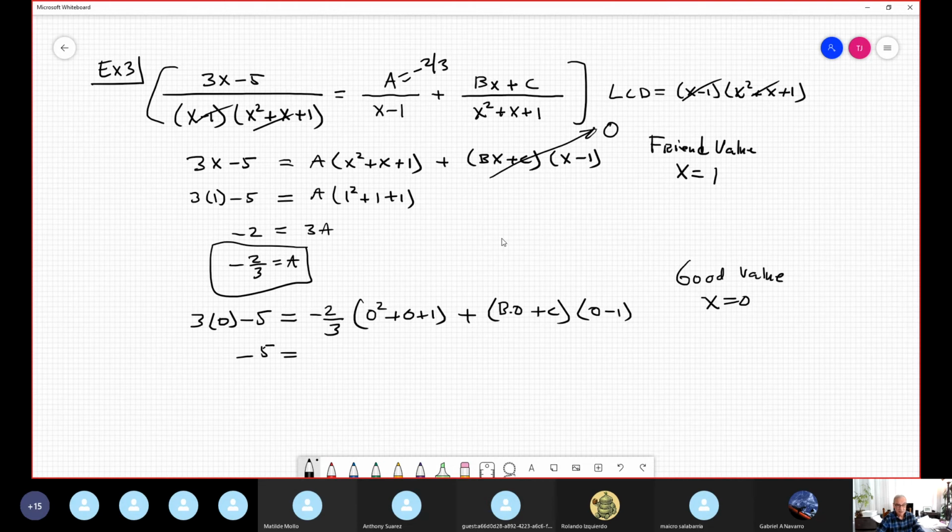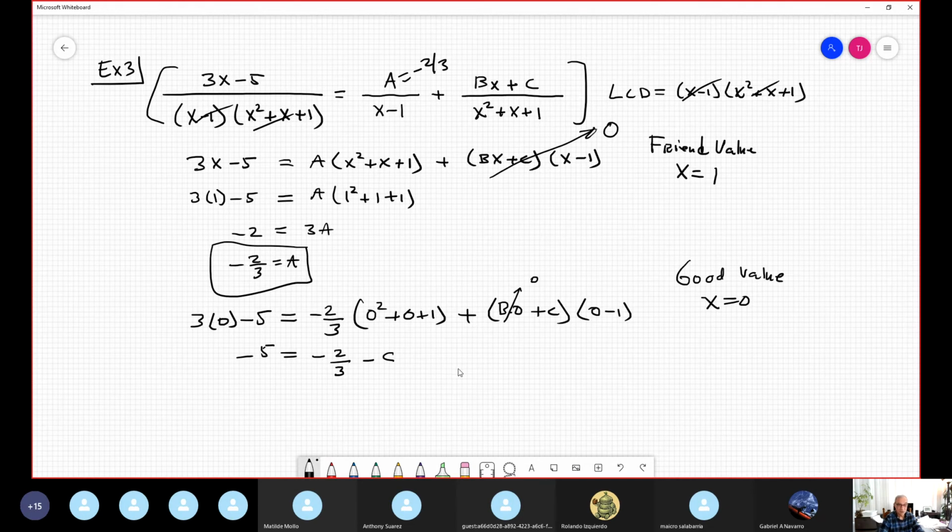This is 1, so negative 2/3, and B is gone, minus C, because 0 minus 1 is negative 1 times C, is minus 5.